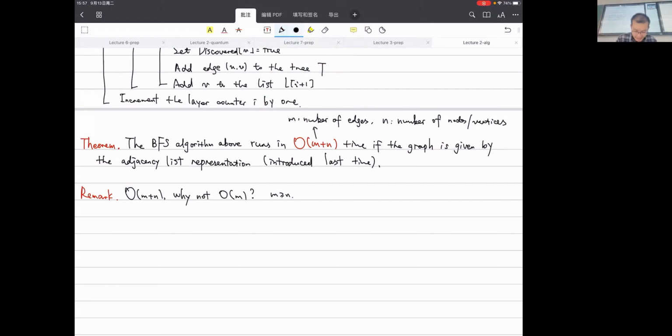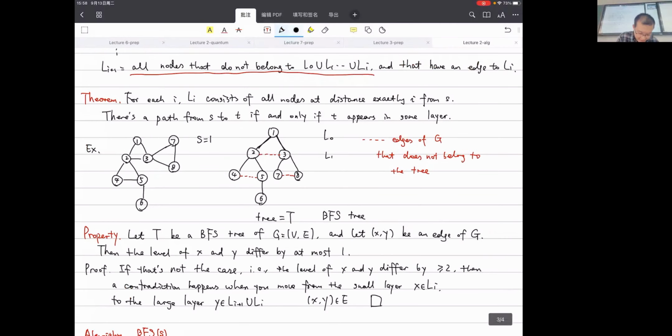For the lecture, we assume the degree of each vertex here is at least 1. But in general, it is okay to consider some isolated vertex that does not contain any edge, and it still makes sense to consider BFS. But for instance, if you have a vertex 9 and a vertex 10 that are disconnected, BFS cannot find it.